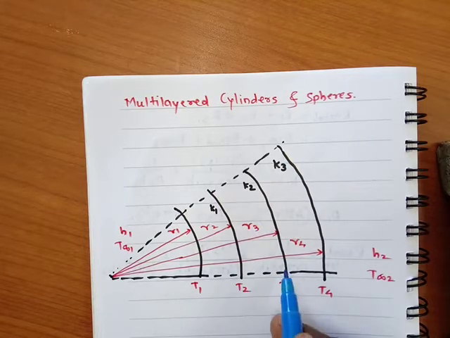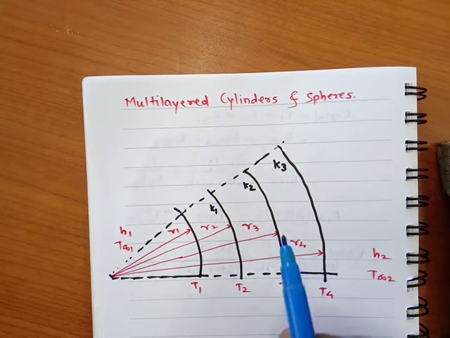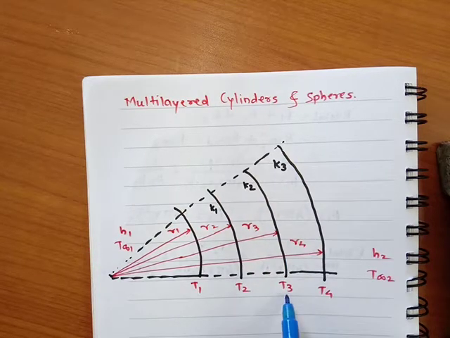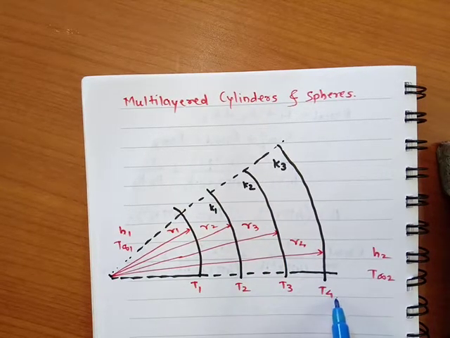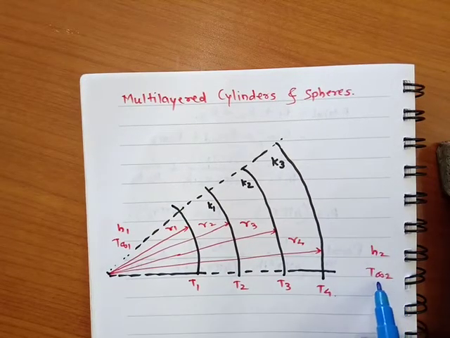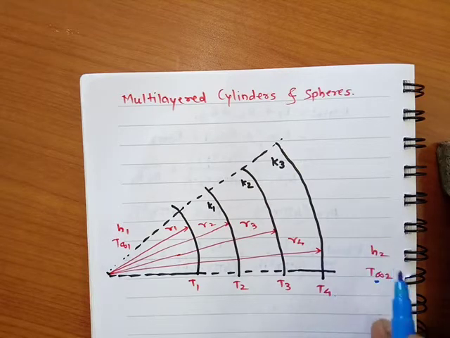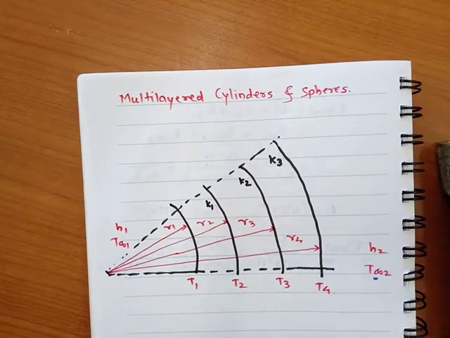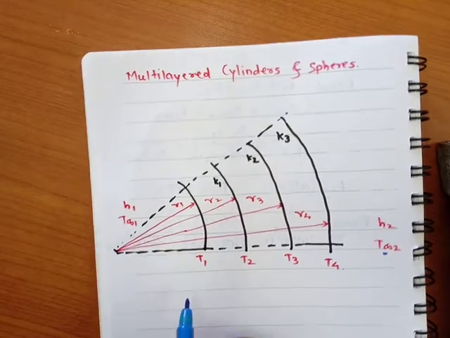The second material's outside temperature is T3, that is, the interface of the second and third material. The outside surface temperature of the cylinder is T4, and the surrounding fluid temperature is T infinity 2, with heat transfer by convection and heat transfer coefficient H2.